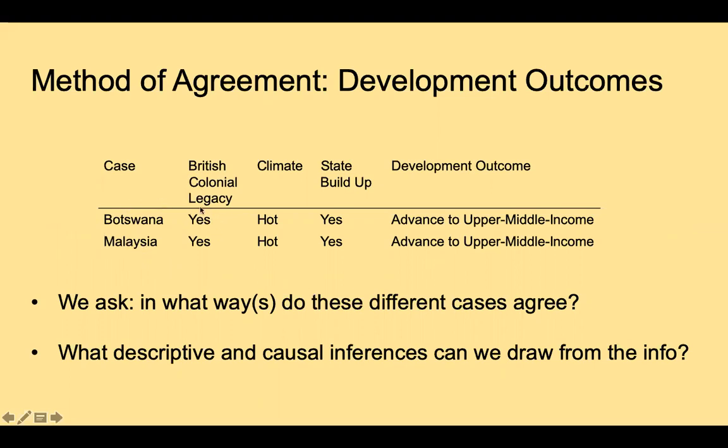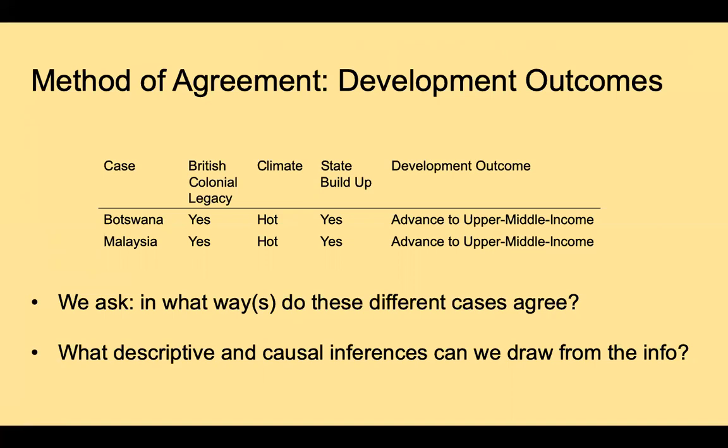We've got British colonial legacy here, climate here, state buildup here, and then our dependent variable, the development outcome. And we've got our values on these variables. Now, as before, we ask ourselves a question about this information. But in this case, because we're using the method of agreement, we don't ask how do these cases differ.